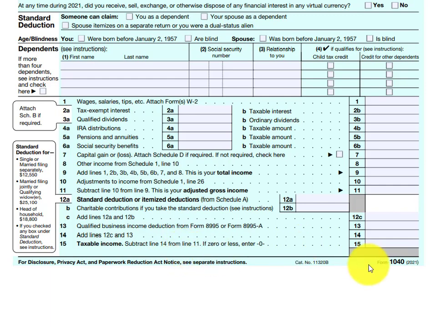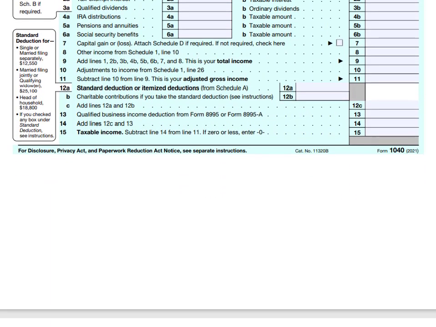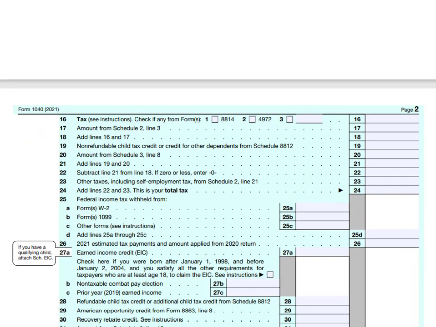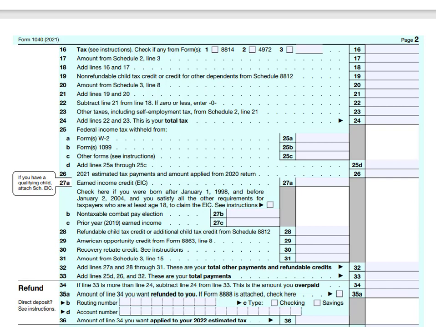You finally get your taxable income, and then you figure your taxes, and we'll talk about how that's done, your tax liability. Then all of the rest of this stuff is credits, payments that you made, credits that you're entitled to, and you ultimately come down and compare how much you've paid in, how much your credits are, versus the amounts you actually owed, your liability that you started with back up here on line 16.